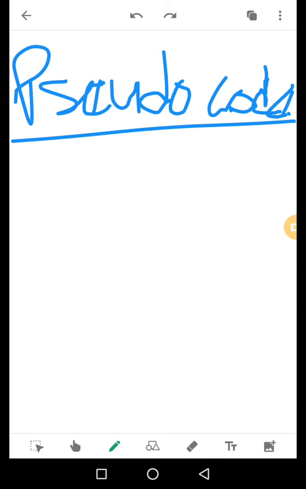Then line 4, final price equals price of item plus VAT. Then line 5, display final price. Line 6, stop. For line 6, stop, the execution of the program will stop when it gets to that instruction. So I think you can get the example of a pseudocode now.